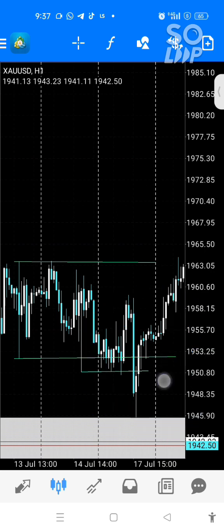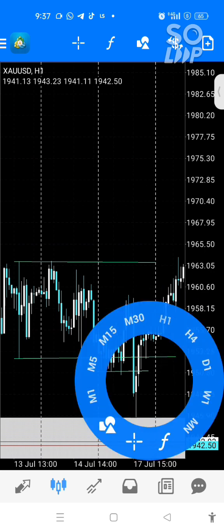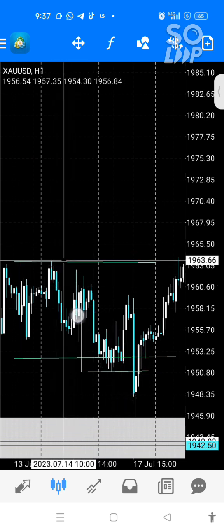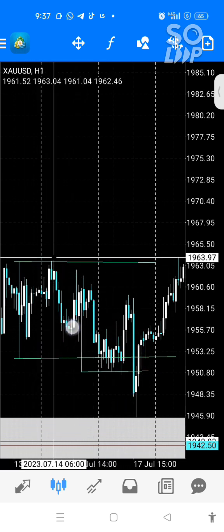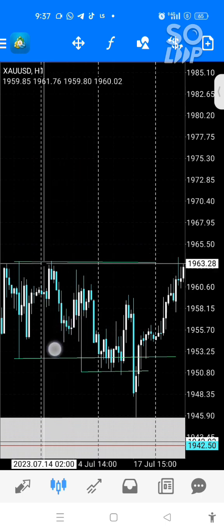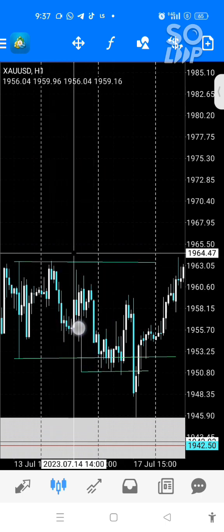Now, what did you learn about ranges? Whenever the market is ranging, I always come up with that statement: what have you learned about range?